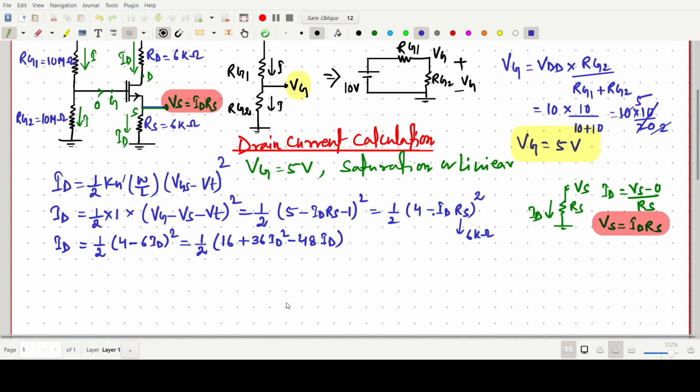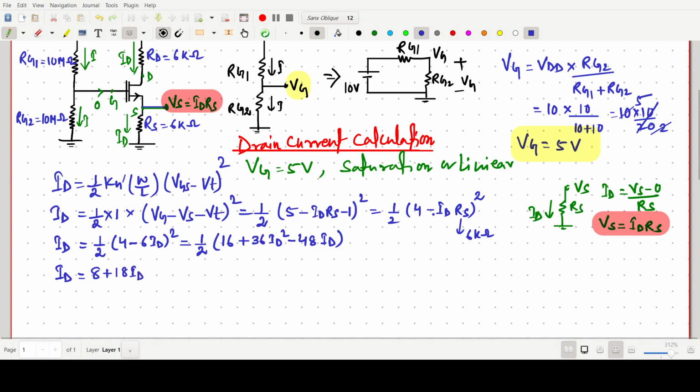So after that, again we will write each and every step. So after solving, it should be 18 ID square minus 24 ID.